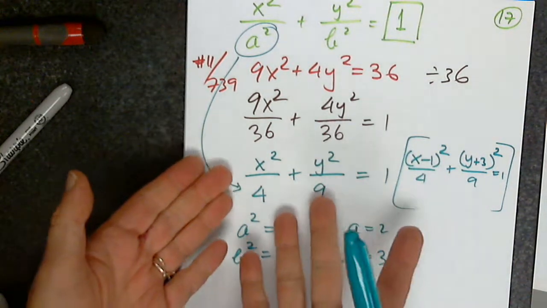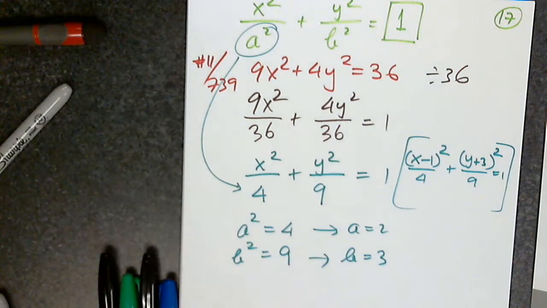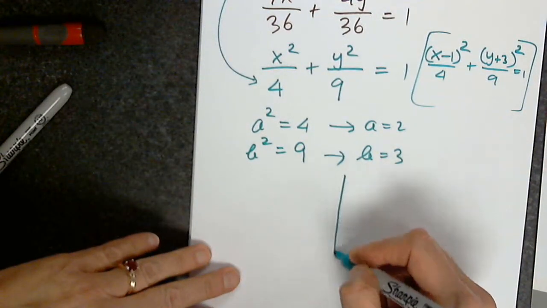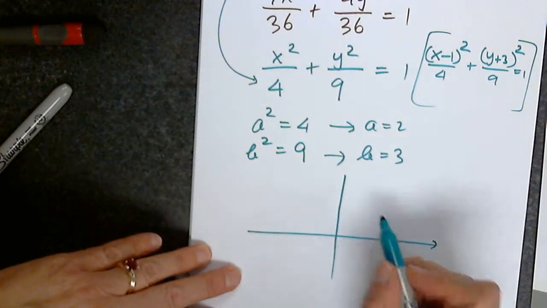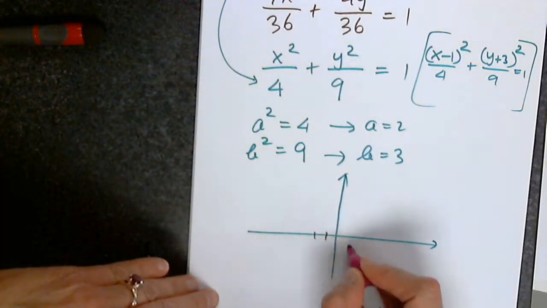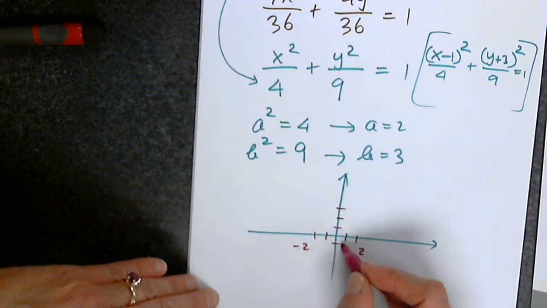But here, obviously, this ellipse is centered where? At the origin, with on the x-axis -2 to 2, on the y-axis -3 to 3. That's it. We'll get to more details in a minute. I just wanted to graph a couple before we do anything else.